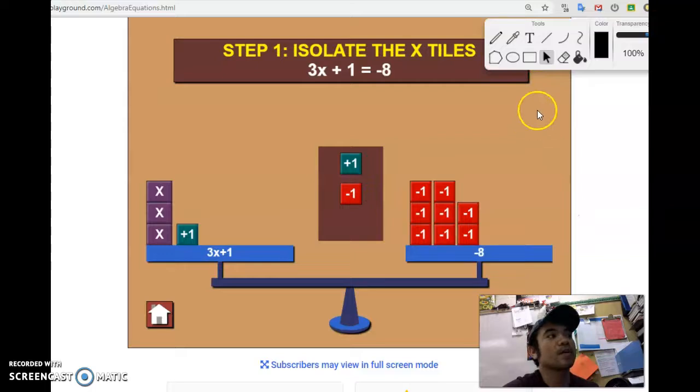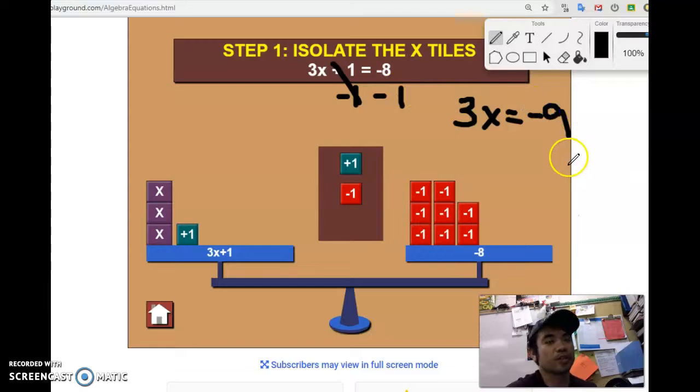Very good. Now, we need to isolate the x tiles, meaning we need to get rid of positive 1. Now, the opposite of positive is negative, so we have to minus 1 on both sides, isn't it? This one goes away. You get 3x equals negative 8 minus 1 is actually negative 9, if you remember from your integers. So 3x equals negative 9.